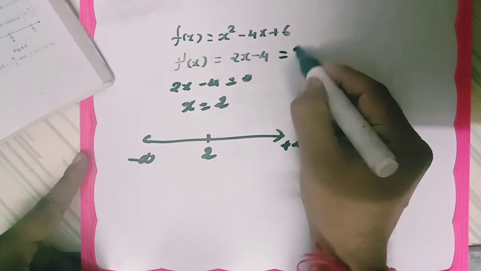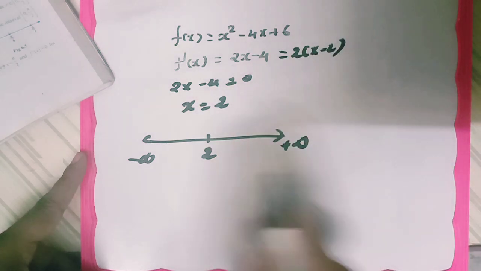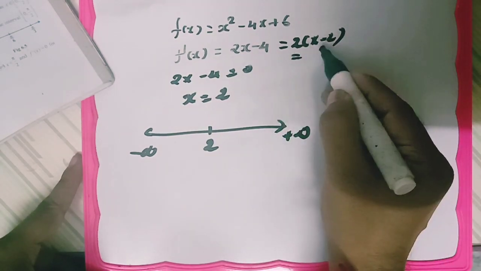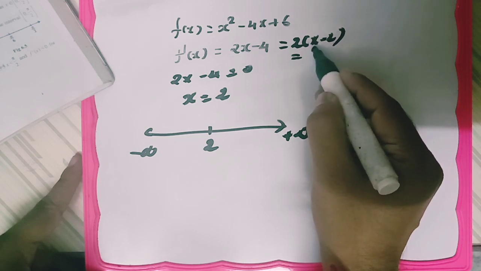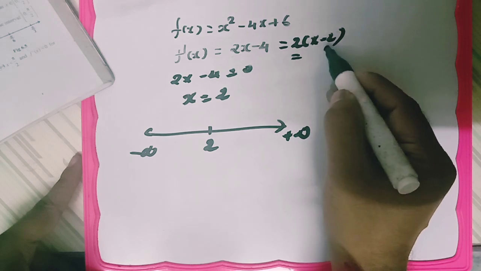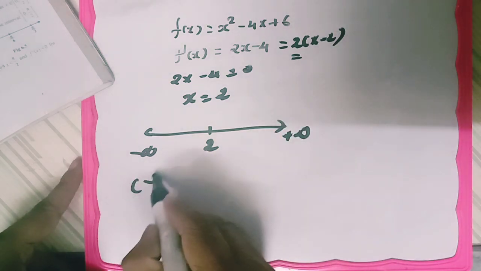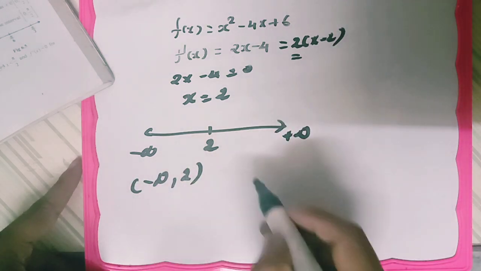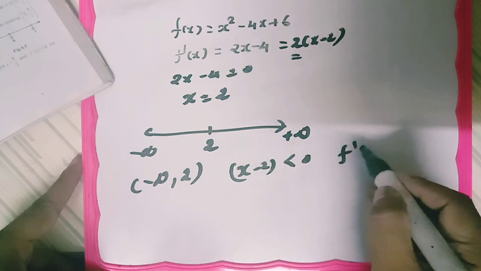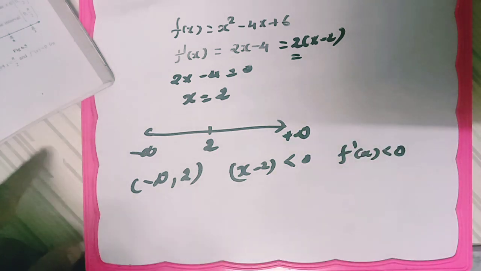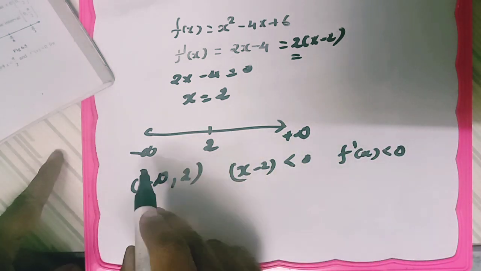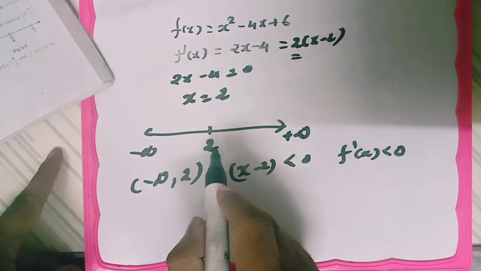So here 2 is always positive, so the positive or negative sign of f dash x depends on x minus 2. In interval minus infinity to 2, x minus 2 is less than 0, and so f dash x is less than 0. As f dash x is less than 0, it decreases in minus infinity to 2.